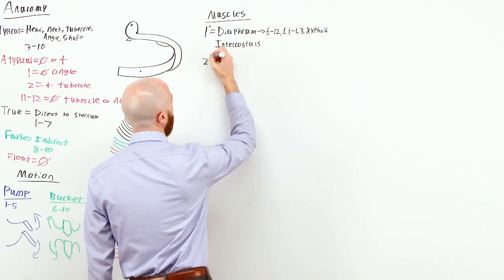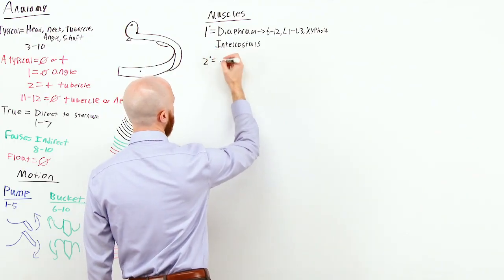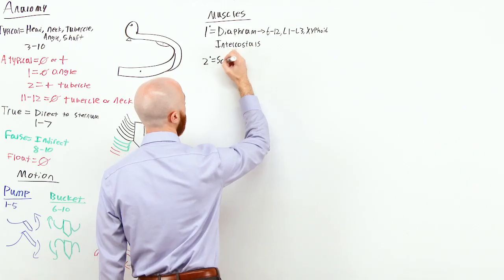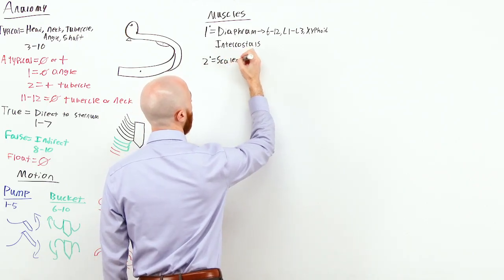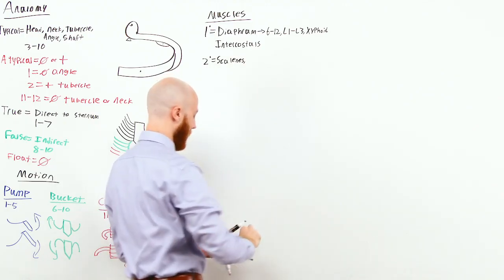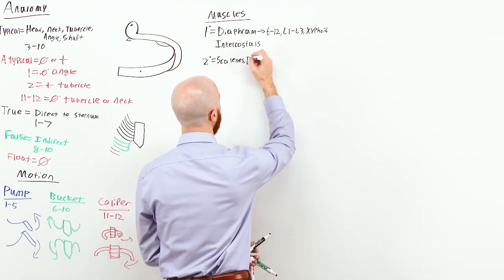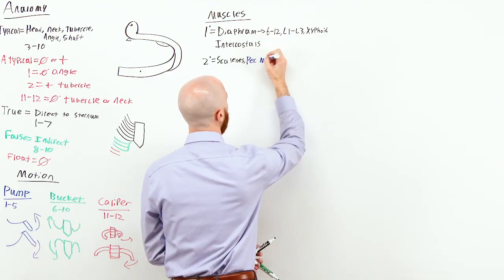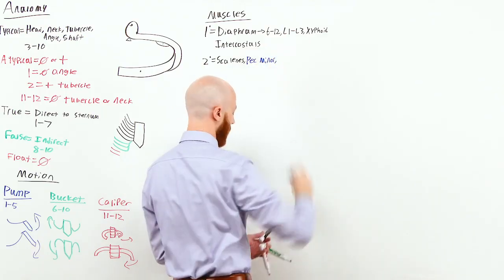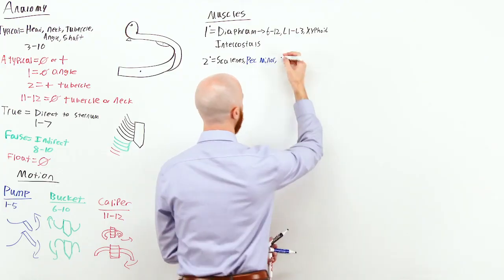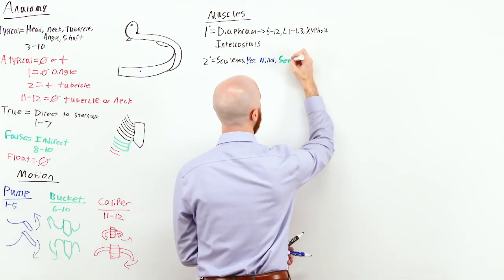You have your secondary muscles of respiration. You have your scalenes. You have pec minor. You have serratus anterior.